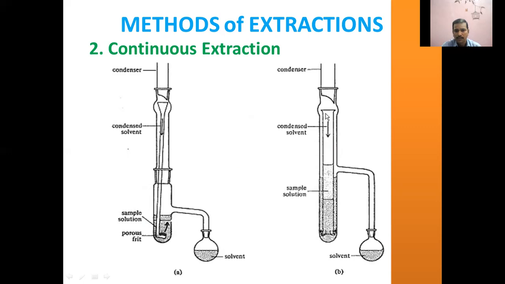Here there is a separate tube to collect the organic phase, or in the previous diagram, whatever the provision has been made, that can also be followed. Both are same here. Here there is a funnel in order to convert vapors of the organic solvent into liquid.